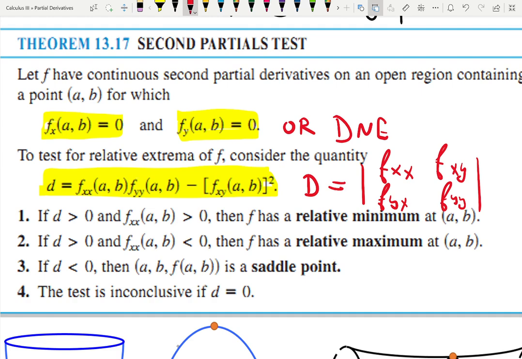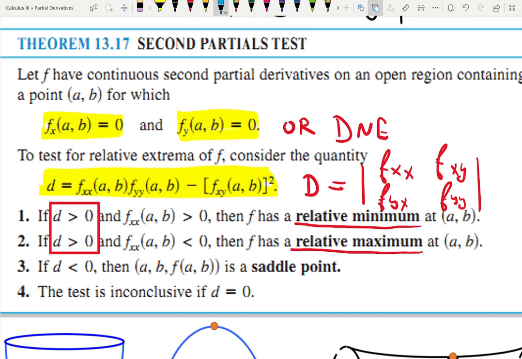If the determinant is greater than 0, if that number we just found is positive, then we need to do an extra step to figure out if it's a local or relative maximum, or local or relative minimum.